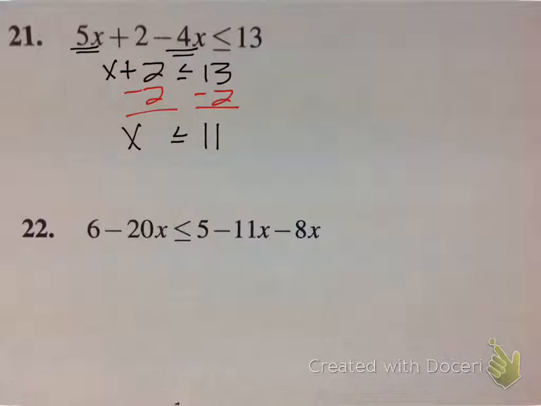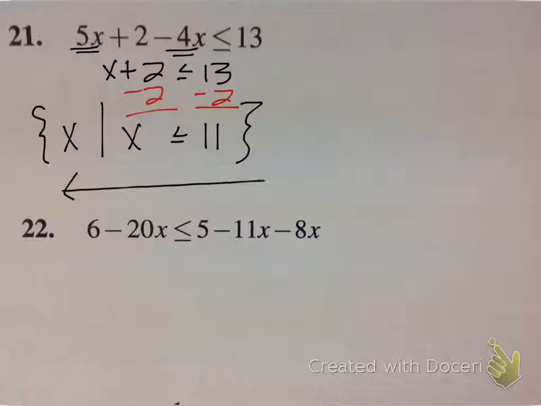Depending on the directions, if we were to write this in set builder notation, we would just throw in our symbols, and the squiggly brackets means a set of numbers or a collection of numbers, x such that x has to be less than or equal to 11. So that's set builder notation. If we were to write it in interval notation, then I like to graph it, and graphing is another way to represent our answer.